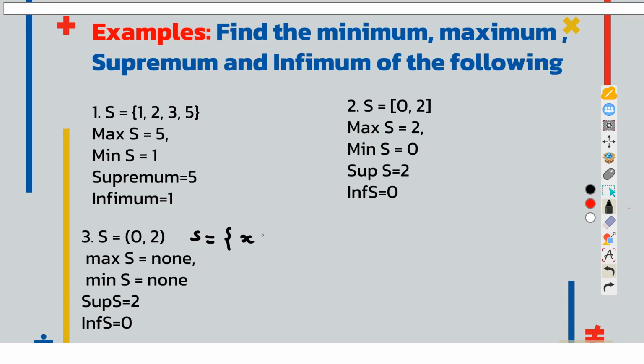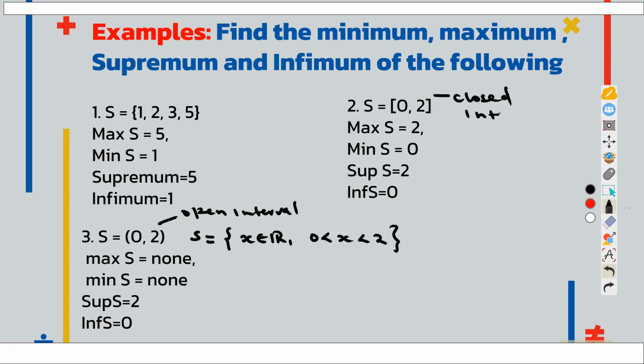So if x is a real number, this set will consist of elements from 0 to 2, but 2 and 0 are not part of the set. This is an open interval, and this one is a closed interval. You should be able to note the difference between these two.